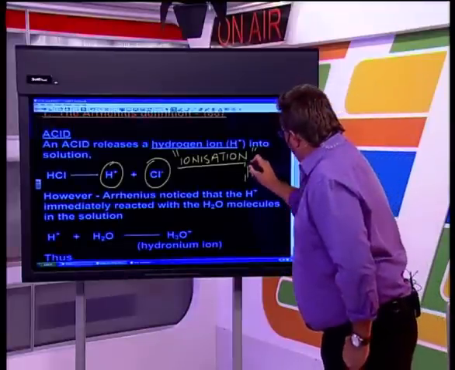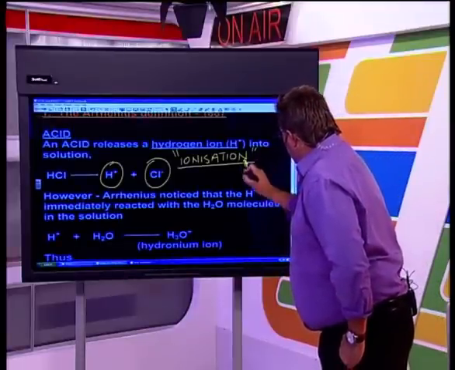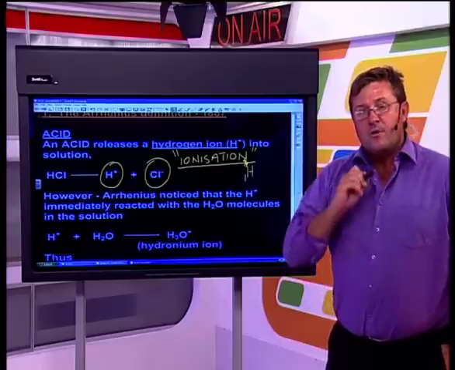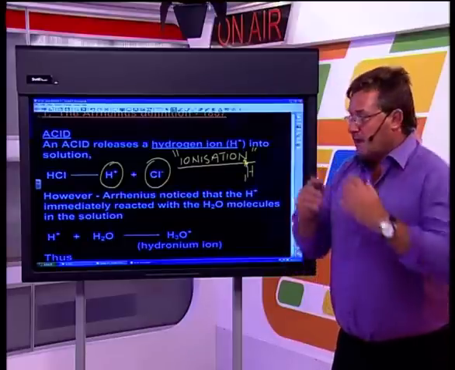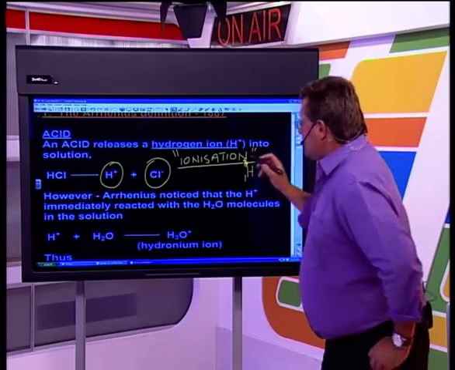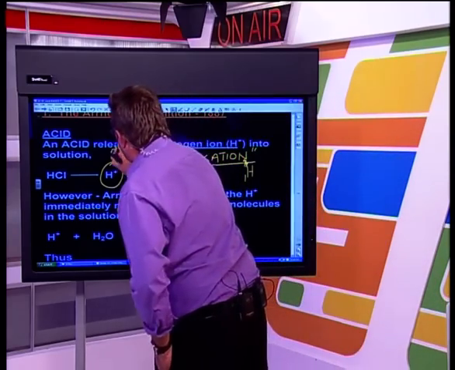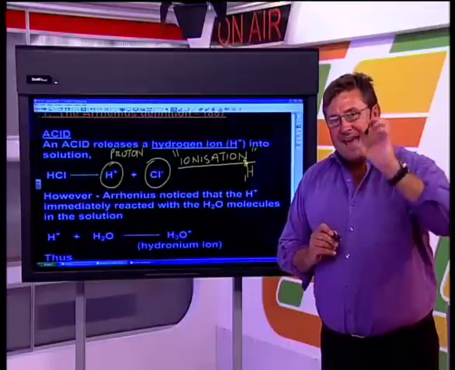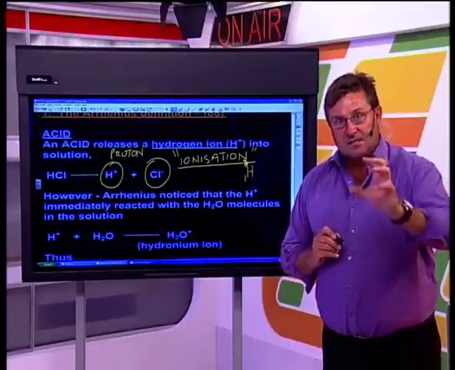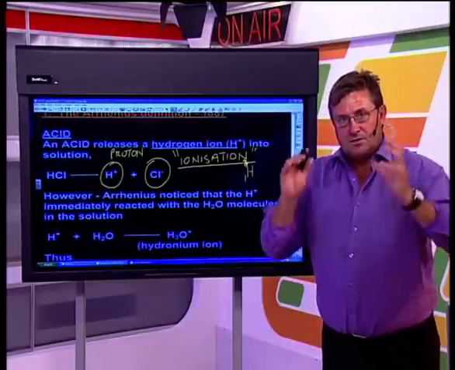If we take away that electron, what are we left with? We are left with a proton. So the hydrogen ion is simply a proton present in the solution. Okay. Now, the big question is, can protons exist by themselves in solution?